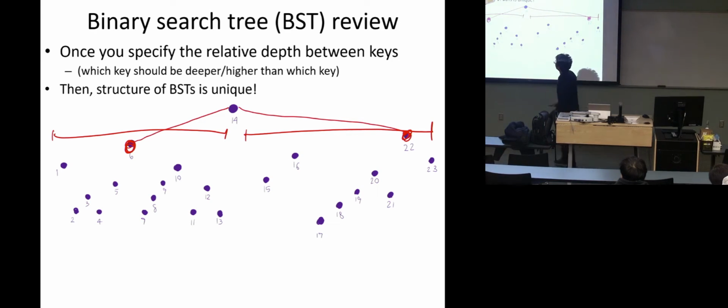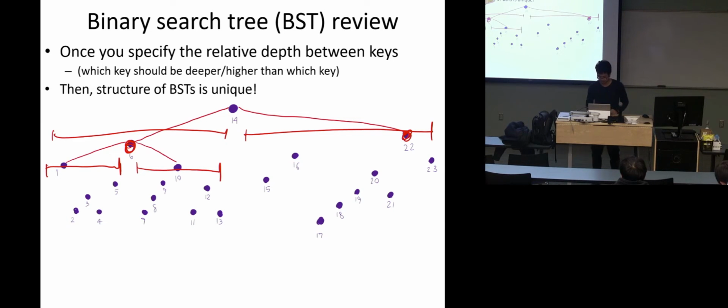Can someone tell me what should be the children of 6? 1 and 10. Yeah, because 1 should be higher than everyone here, and 10 should be higher than everyone here. So 1 and 10. How about children of 22? Anyone else?